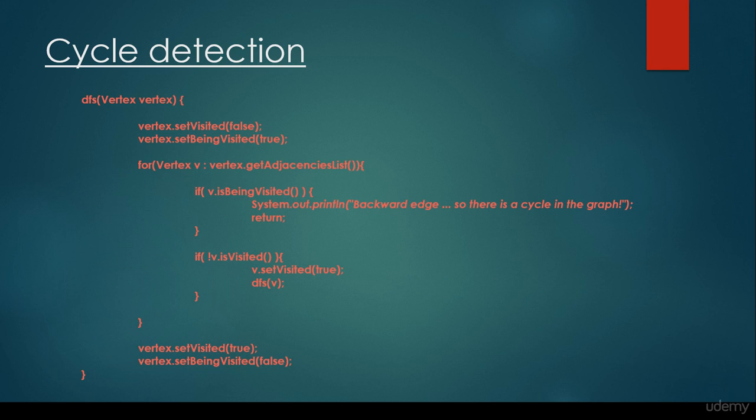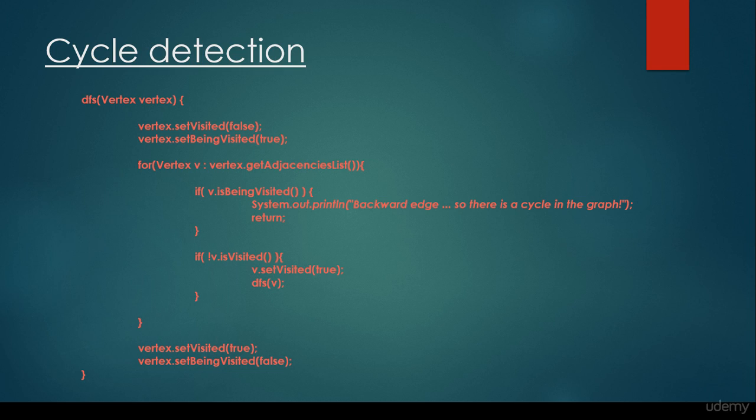So this is the pseudocode basically for the cycle detection. We are going to do it with the help of depth first search, but instead of having a single Boolean flag whether a vertex is visited or not, we have to track whether a vertex is being visited or not. And we just have to consider all the neighbors, and it is a recursively implemented depth first search basically.